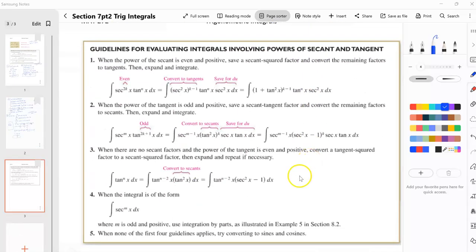So let's look at secants and tangents because we know there's a relationship there. If we have an even number of secants, then we can reserve a secant squared, make a substitution, and turn everything into tangents because we know the derivative of the tangent is secant squared. So the goal is to make u your tangent here.